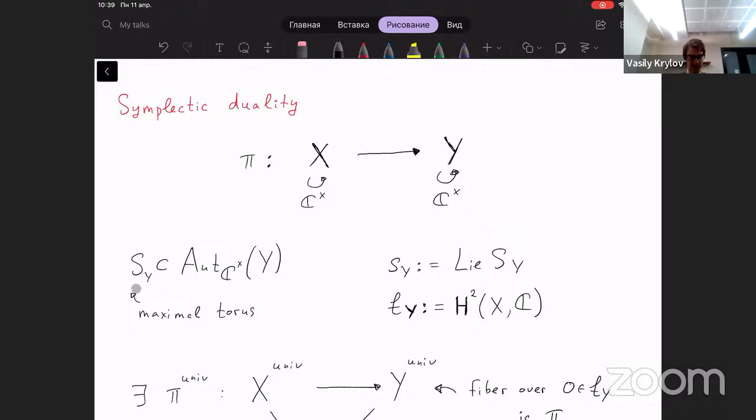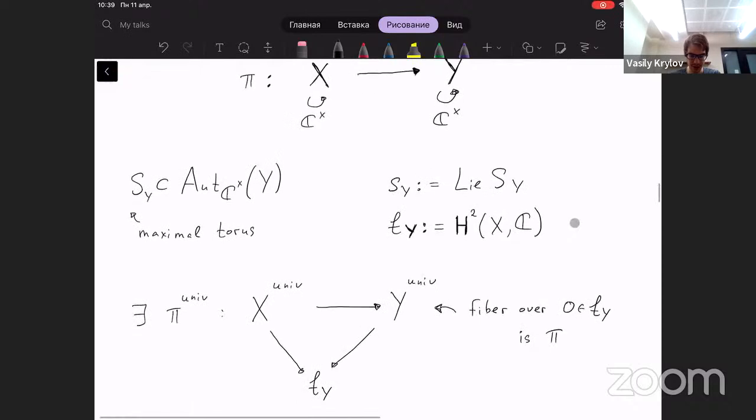Let Sy be a maximal torus inside this group, and let small sy be the Lie algebra of this group Sy. And let Ty be the second cohomology of X with coefficients in C. So these are two vector spaces which we can attach to our resolution, Sy and Ty.